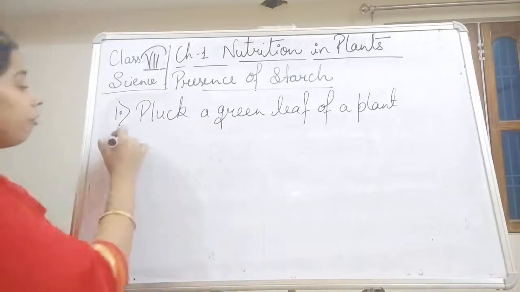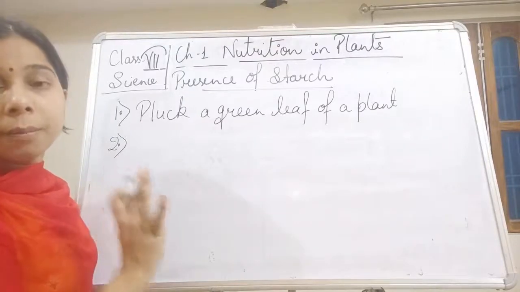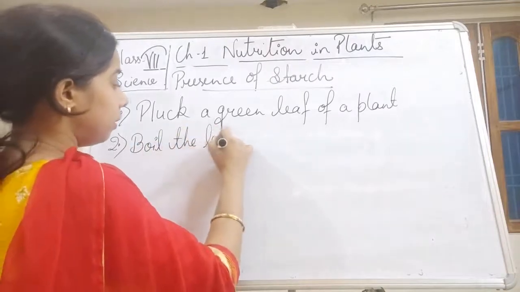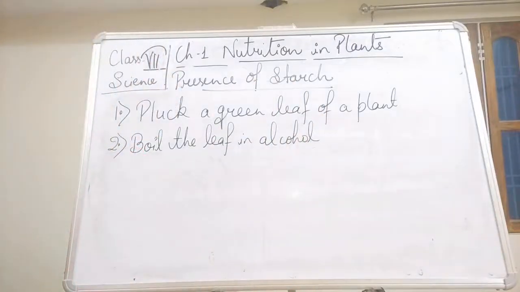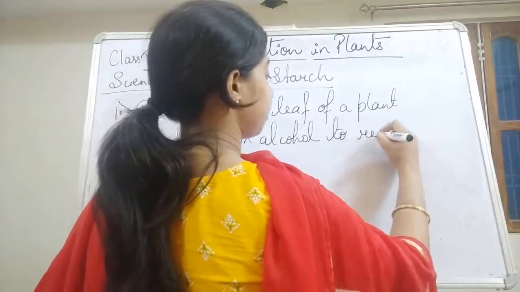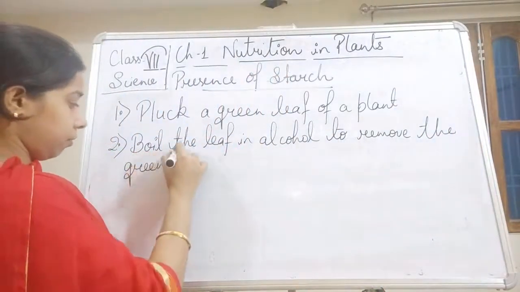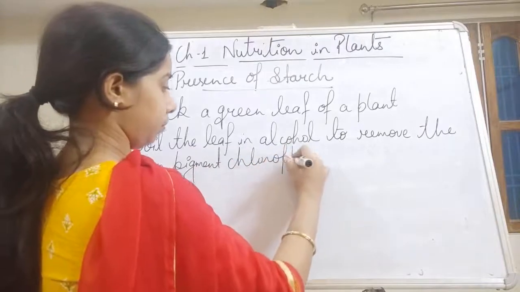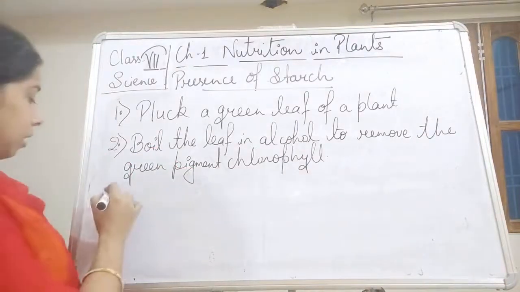The second thing, we will boil the leaf in alcohol to remove the green part of the leaf, to remove the green pigment, that is chlorophyll, from it.